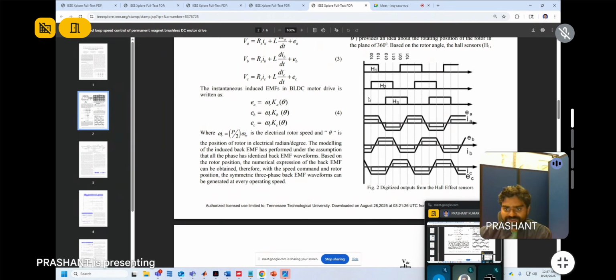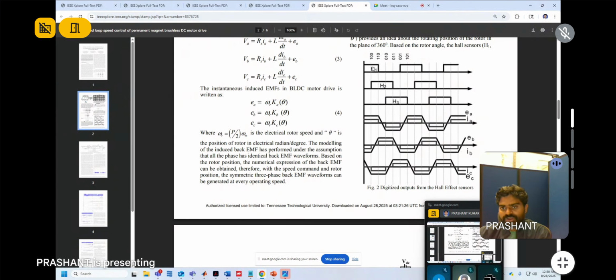For sector 1, in between this bold line and the first dotted line, I am taking only the first three waveforms. In this sector, only H1 is coming, H2 is 0, H3 is 0, meaning it is 100.